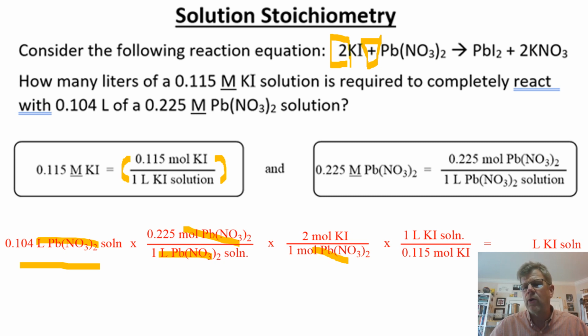Notice that I had to take the reciprocal of that in order for moles of KI to cancel. And finally, that puts us in liters of KI solution, which is exactly what we're looking for. It is then and only then that we reach for our calculator and put in the final number of liters of KI solution.